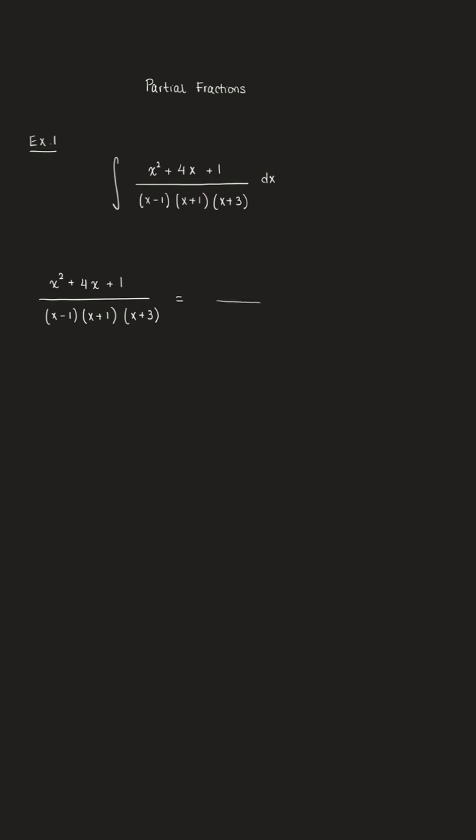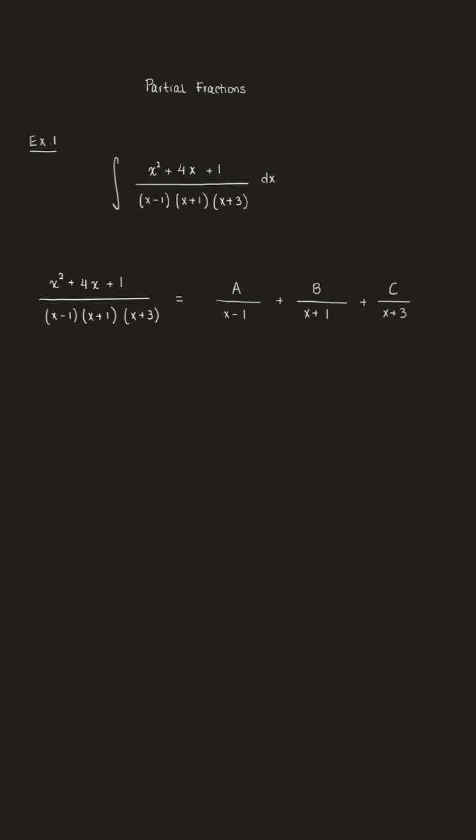So my first fraction, I'm going to write the denominator x minus 1. The second one will have denominator x plus 1, and the third one will have denominator x plus 3. And since each of these is a linear term, I'm going to put a constant a that I would like to find, constant b, and constant c.